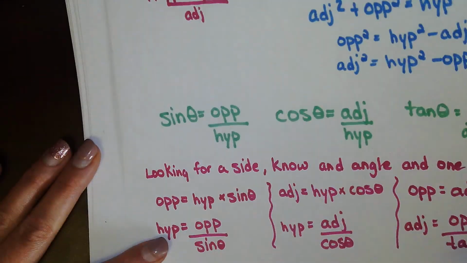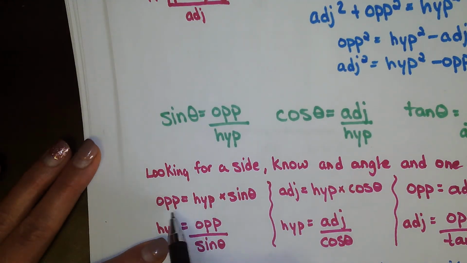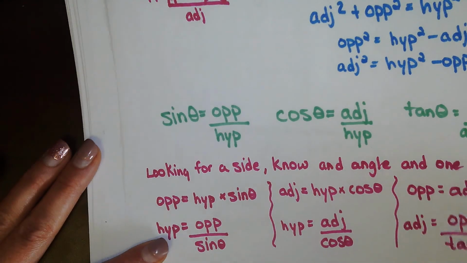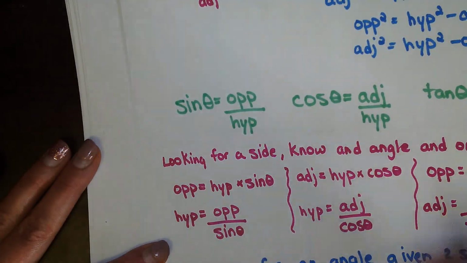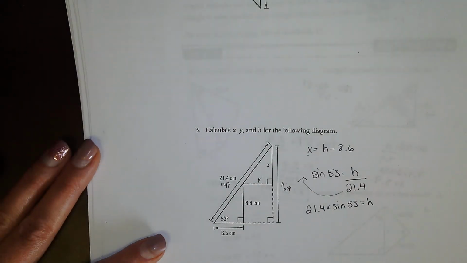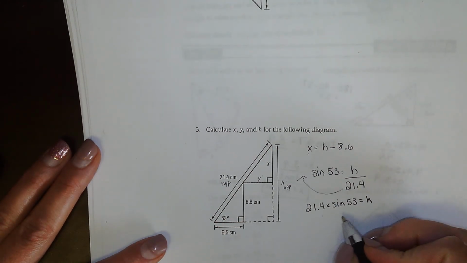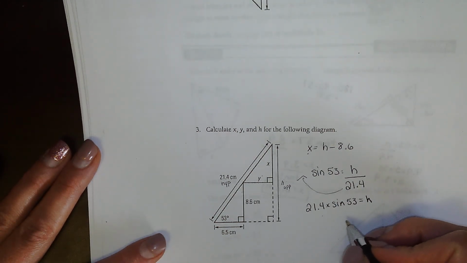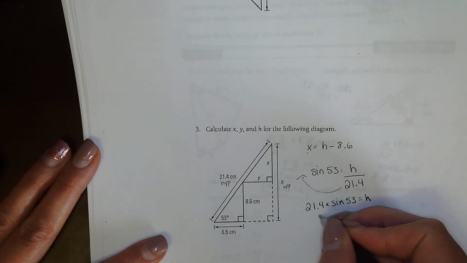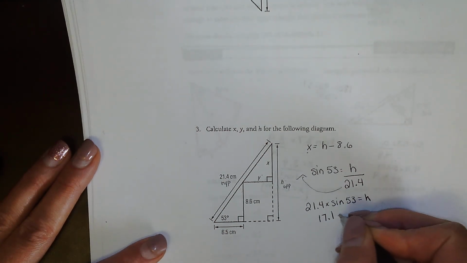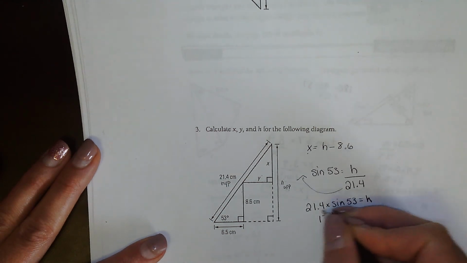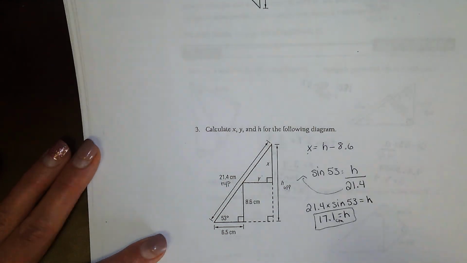You might be following the setup formula already. If you are, that's great. Now that I've calculated it in my calculator, I get 17.1 is equal to h, and that was centimeters. So that's one part of my question.